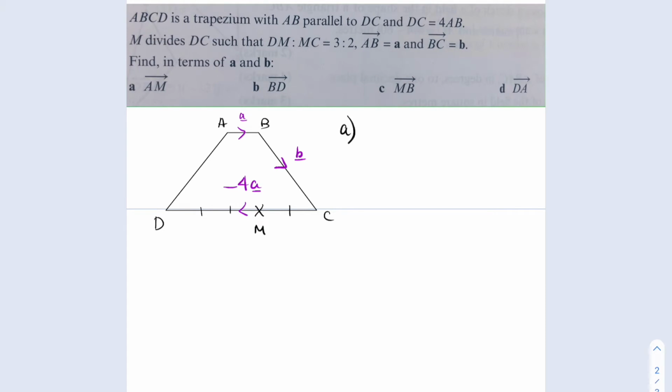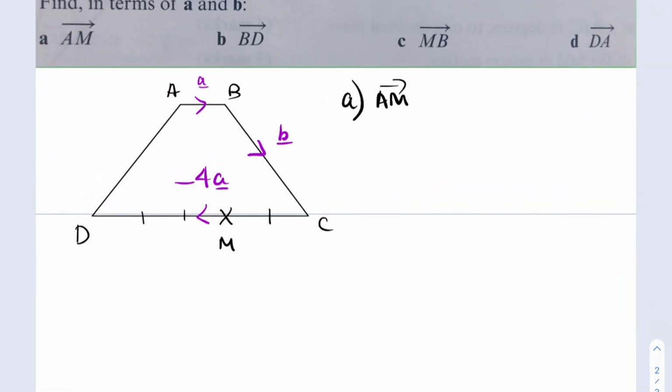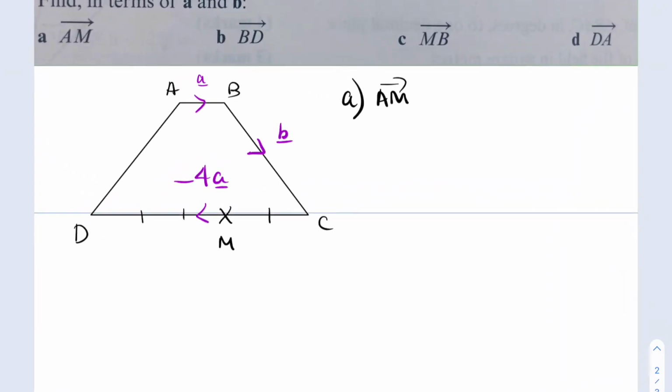So part A asks for A to M. So let's just zoom in a little bit and see how we can do that. So start at A and then go to B, to C and to M. So we go along the vectors that we know. So I can get from A to M by going from A to B, then B to C, and C to M, which I know is A plus B. Now I'm adding on 2/5 of that vector minus 4A.